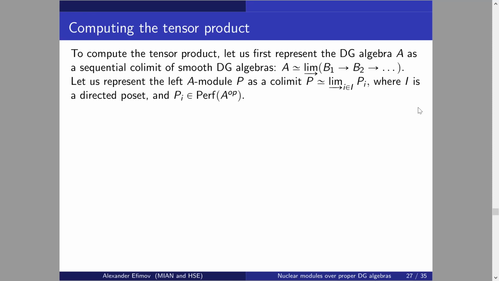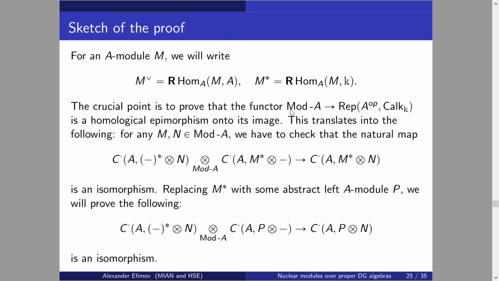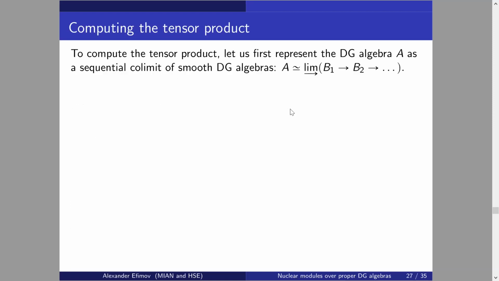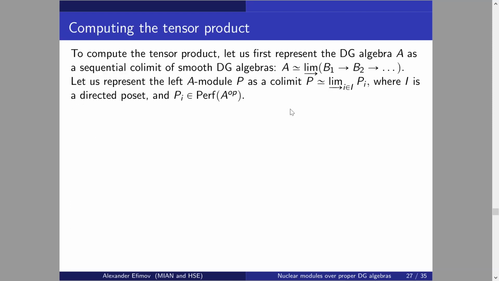And let us represent the left A model. So once again, we have the left A model P and right model N. Let's represent this left model as a directed colimit of perfect models over some directed poset I. And consider the positive integers as a partially ordered set with the usual order.